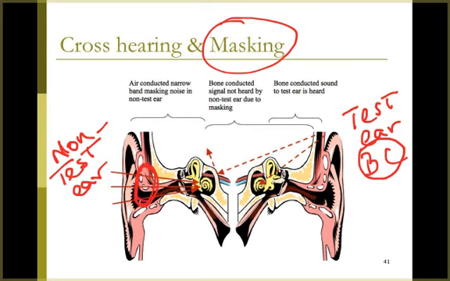So you might put a headphone or an insert earphone and give some stimulus like a noise, a narrowband noise if it was pure tones, and engage this ear while you're testing the bone conduction. And that's what we call masking.